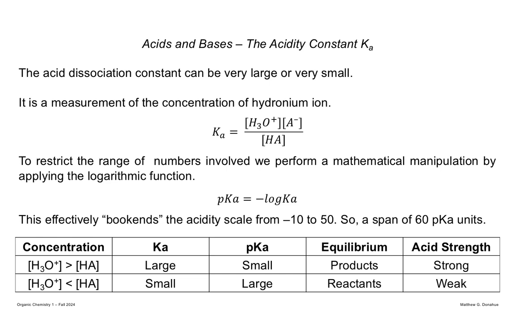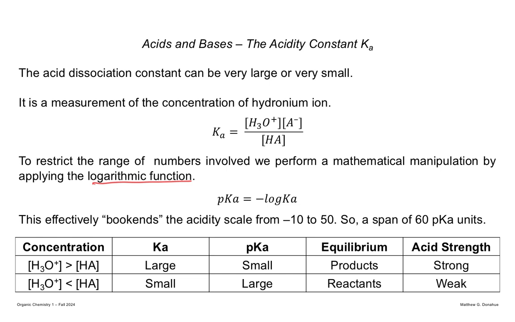So as I said, those numbers can be ginormous or they can be infinitesimal. And that's a little bit hard to deal with, when you're saying like 10 to the 18, what does that mean practically? So what has been done is this logarithmic function.